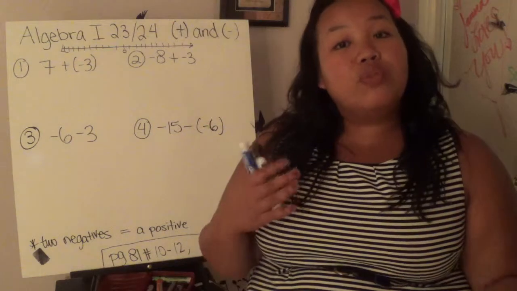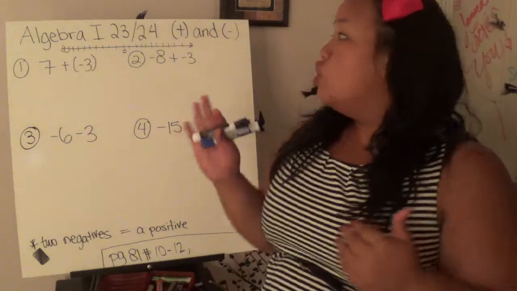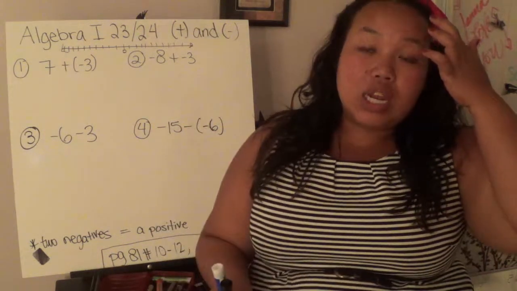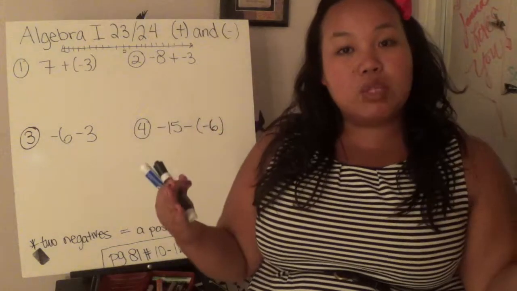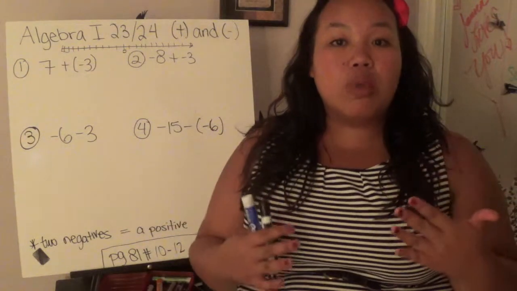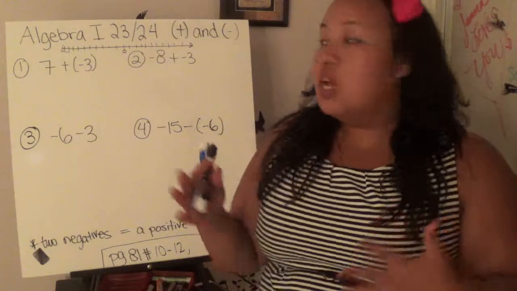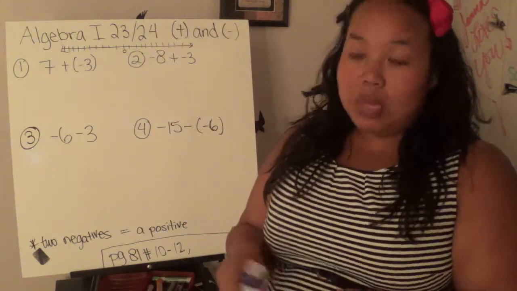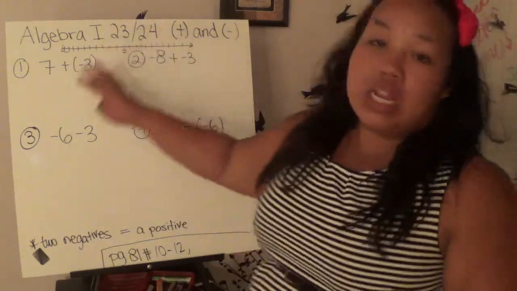And so you kind of have to revert back to Section 2.1 when we were dealing with the number line. If you can imagine it from the number line perspective, it might help you understand exactly how to add and subtract. So basically, these are directions.